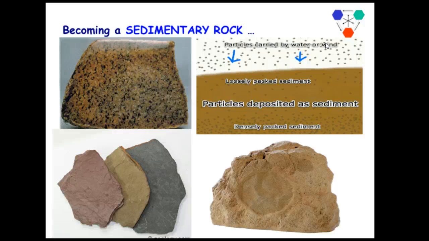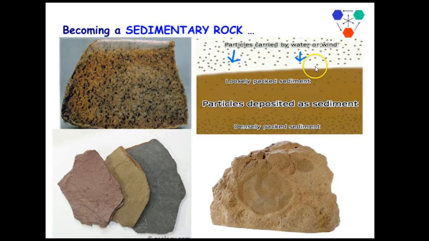Now, these clay and sand sediments can be transported, deposited, and lithified. There's a new term, lithified, L-I-T-H-I-F-I-E-D, which means glued. Get that in your notes. Lithified means glued. They can be glued together to form sedimentary rocks.